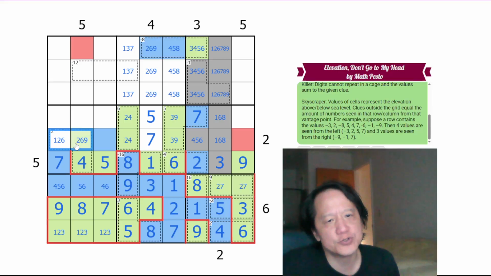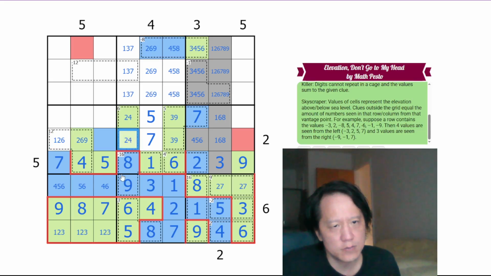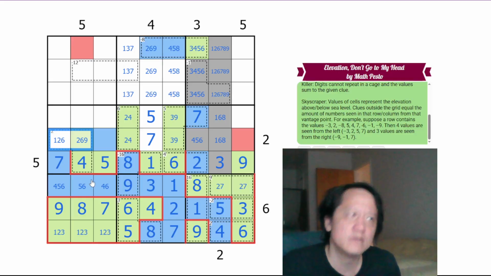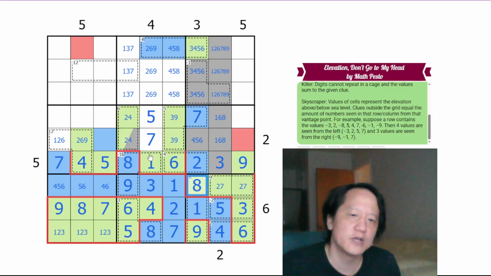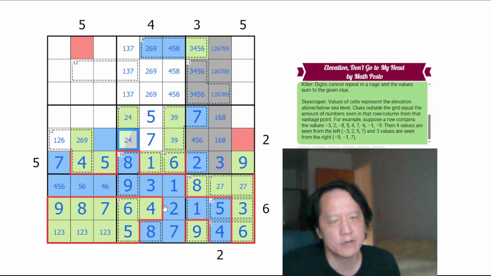If this is 2, 6 as a pair, that means if it sees this cell, it would have to see that cell. So it can never see this cell. So this cell can never be seen, period.